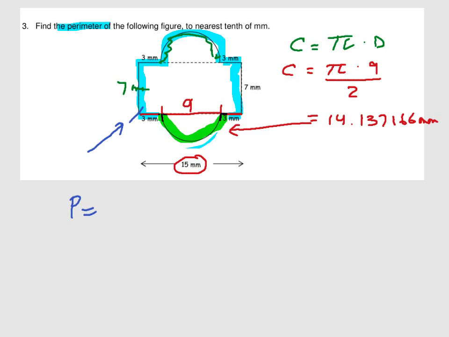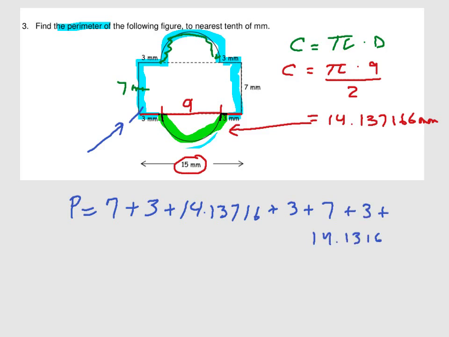I'm going to go up for 7, to the right by 3. Then I'm going to do a semicircle, which is 14.13716, plus another 3, down to 7, left of 3, another semicircle, 14.13716, and then one more 3 to get you back to the beginning.